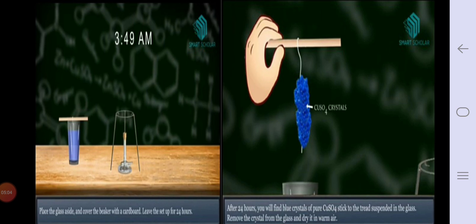The salt that we have in our house, the same process you are going to do. Boil water, and after heating the water add some salt. You are going to add salt until it stops dissolving.